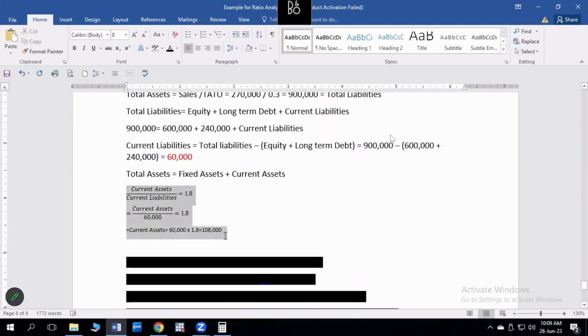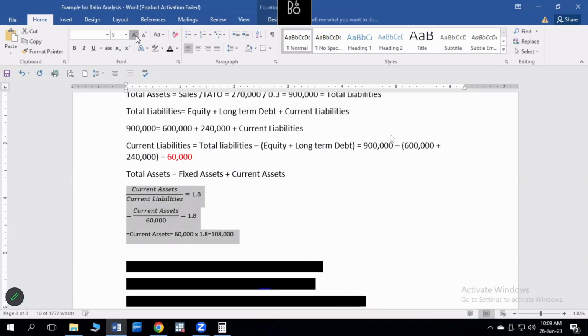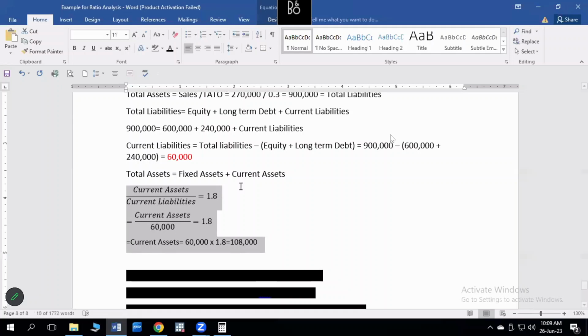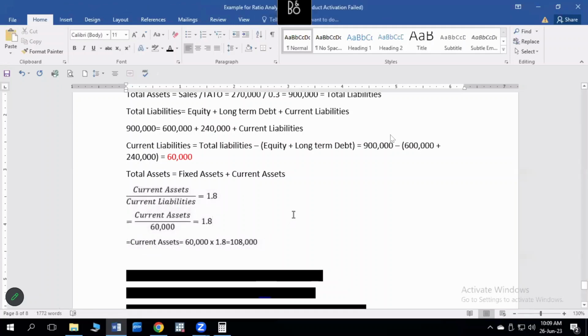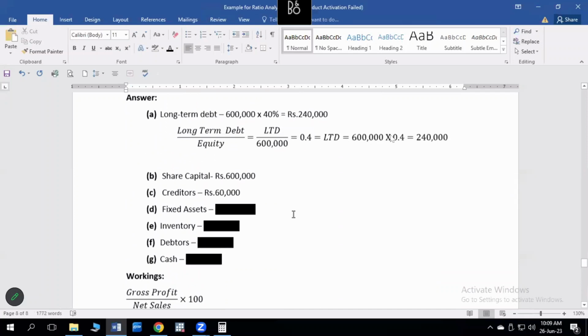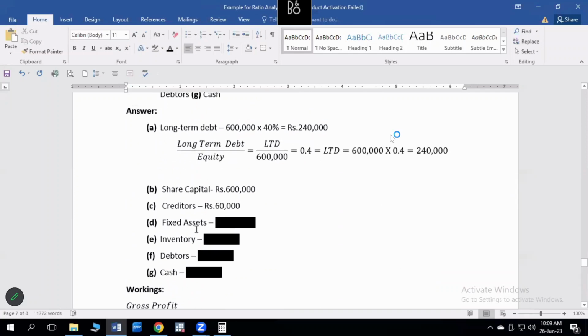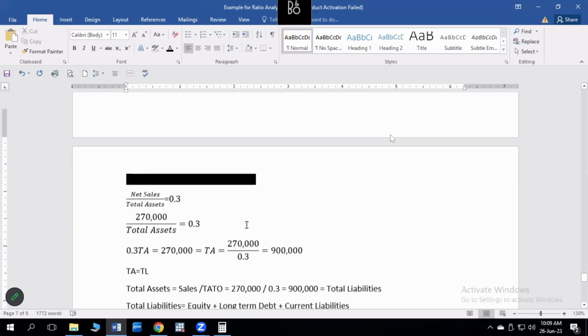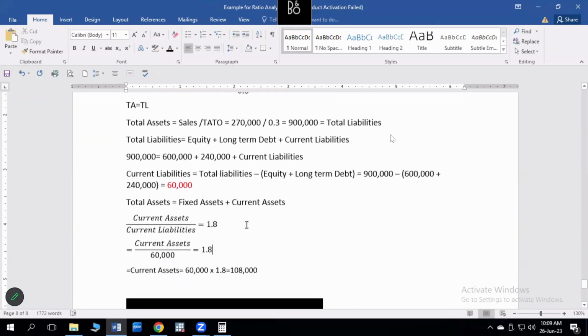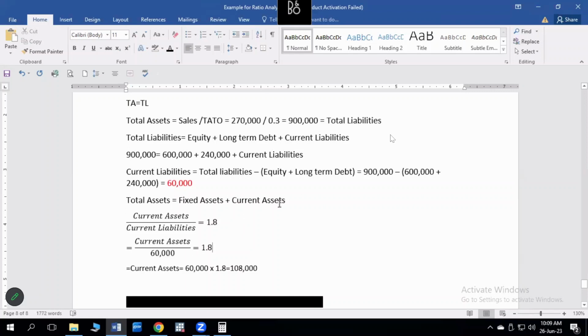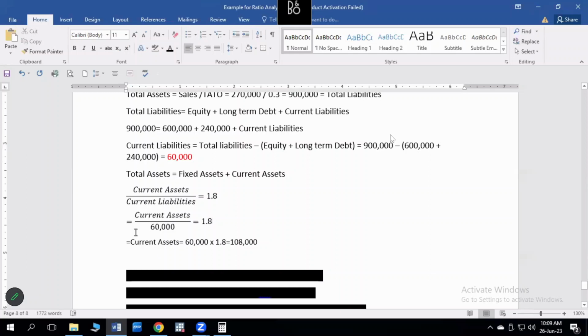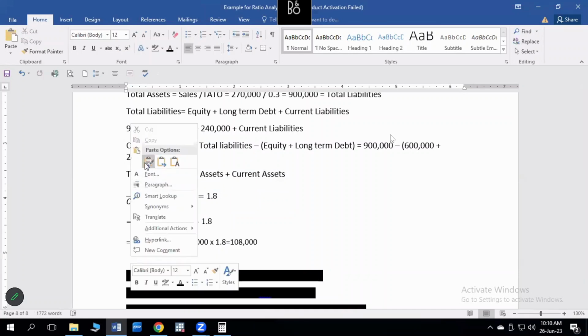So what is the question asked? Fixed assets. How much are the fixed assets? Now you take that as a formula: total assets, fixed assets plus current assets, and substitute.